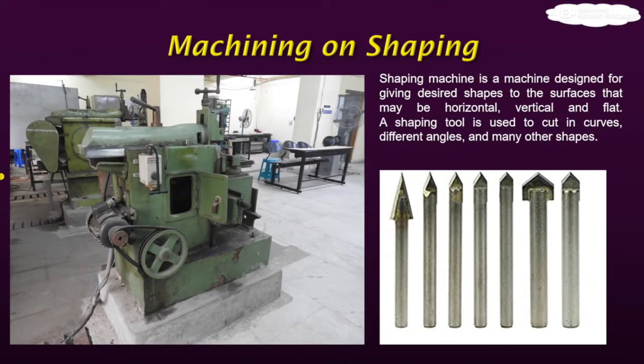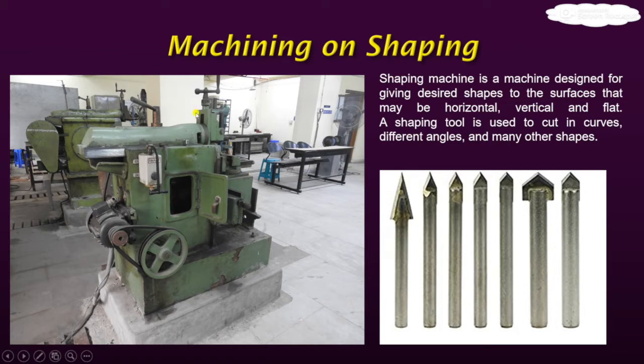The various machines like this shaping machine. We know for machining, a machine is required, as well as a cutting tool that is also used. These are the samples of cutting tools used in the shaping machine. The cutting tool's function is to cut, and this cutting tool is operated by the machine.